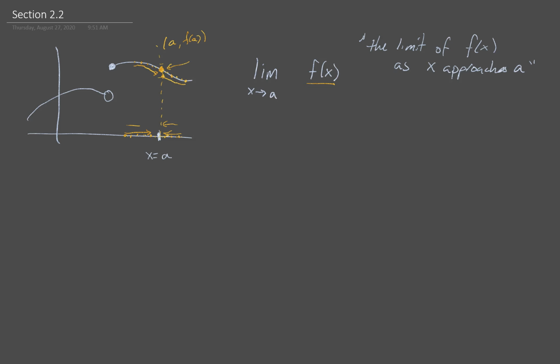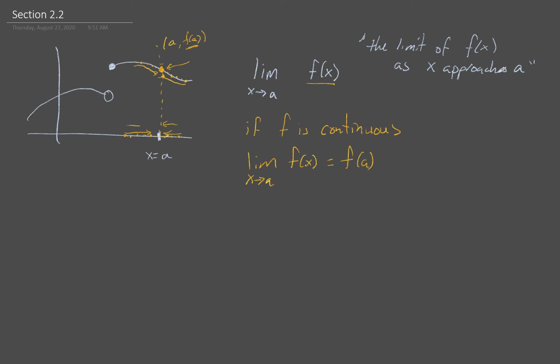Well, at this point those y values are getting closer and closer to f of a because this is a continuous function. So if f is continuous, the limit as x goes to a of f of x equals f of a.